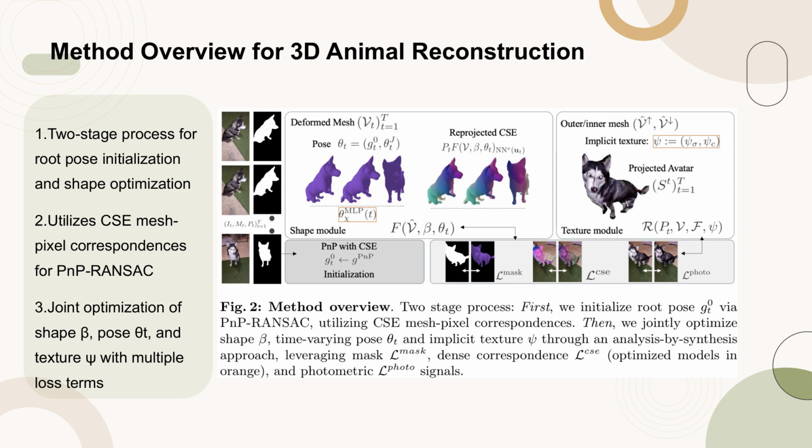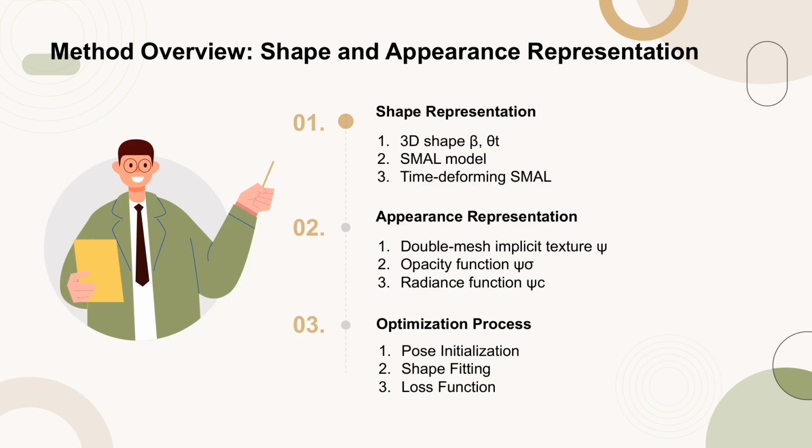The method begins with defining the 3D shape representation using the SMAL model, which includes parameters for deformation and pose. This model is adapted to represent time-varying deformations by estimating pose coefficients for each frame. For appearance representation, the method employs a double-mesh implicit texture model, which includes an opacity function and a radiance function to accurately capture the texture of the animal body.